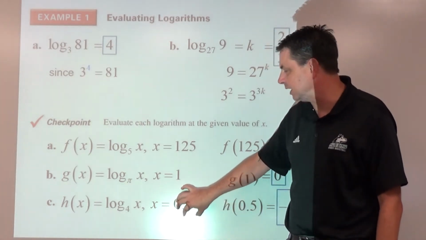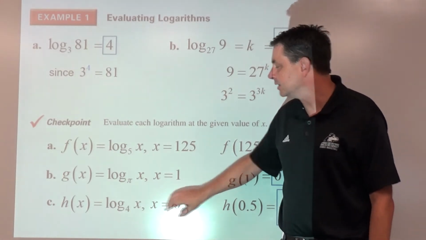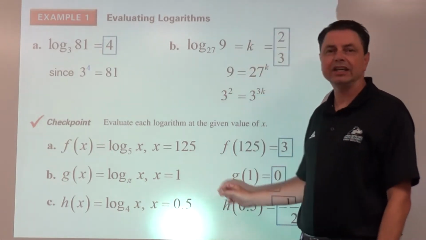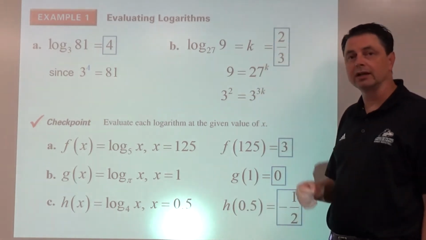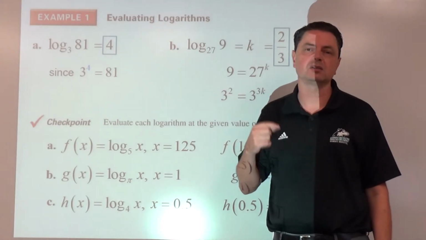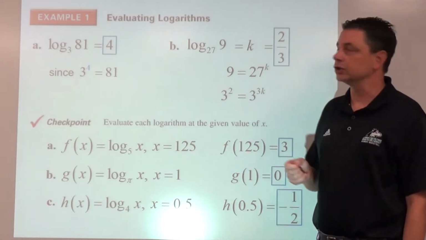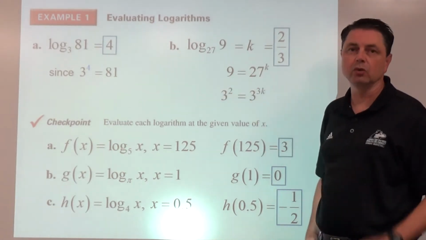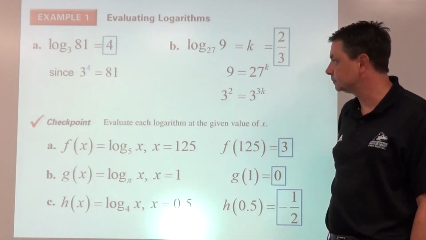You want to think of this as being a half. And if we didn't know, set it log base 4 of 1/2 equals k, and work it where you're trying to use both sides to be powers of 2. So you want to rewrite it as an exponential equation and then solve for k from there.